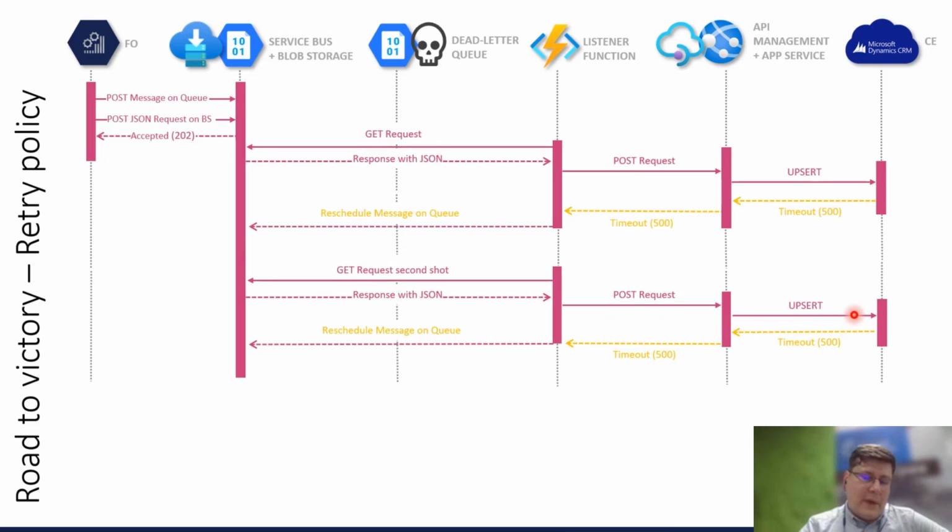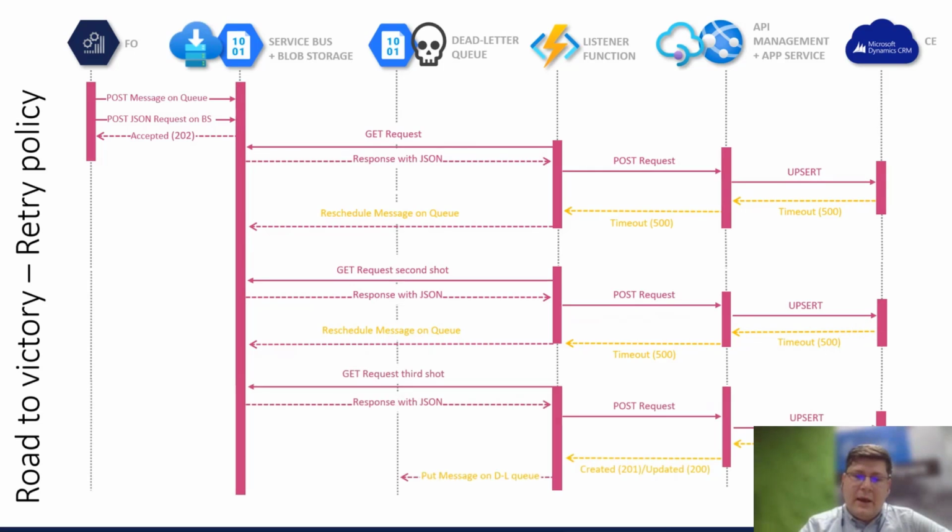We want to make upsert again on C side. Again, we have timeout. So third shot, again, timeout. Well, if it's a timeout, in most situations, if you retry this message, second shot will be correct.